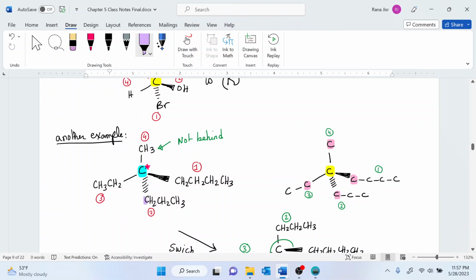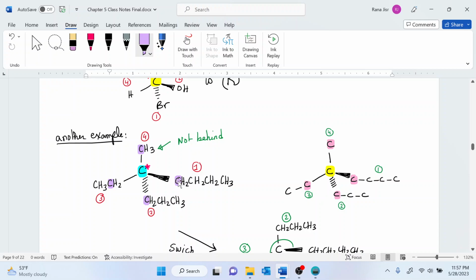This chiral center is connected to a carbon, and a carbon, and a carbon. All of these are a tie because all of them are carbons. So now I'm going to go ahead and look at the next element in there.